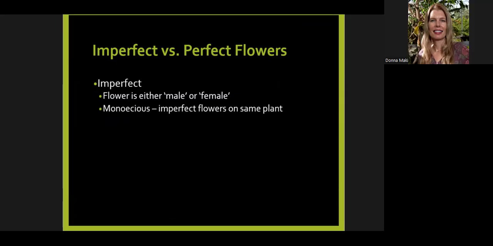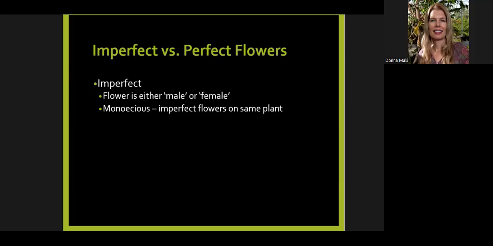So we've already had this terminology, monoecious, but when you're in the angiosperm realm, when someone says that's a monoecious species, what they mean is that you have one house of imperfect flowers. Which means you have one plant that has male flowers and female flowers on one plant, okay?